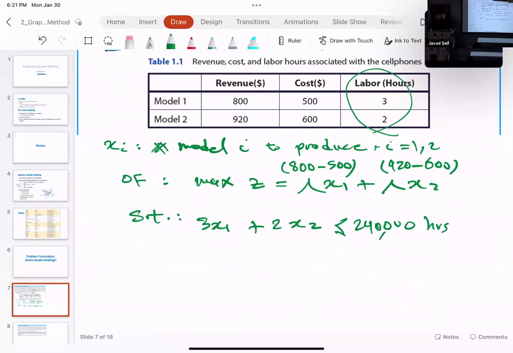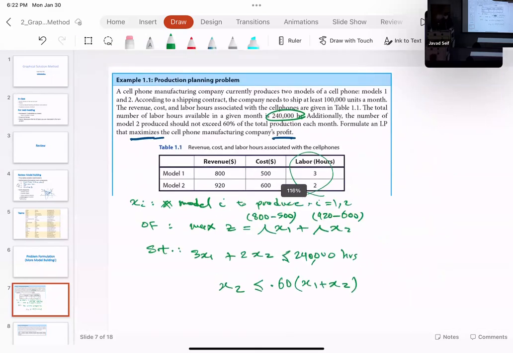If I produce X1 model 1 and X2 model 2, how many will I produce? X1 plus X2, right? And I should not exceed 60% of that. X2 should be less than that. Does it make sense?